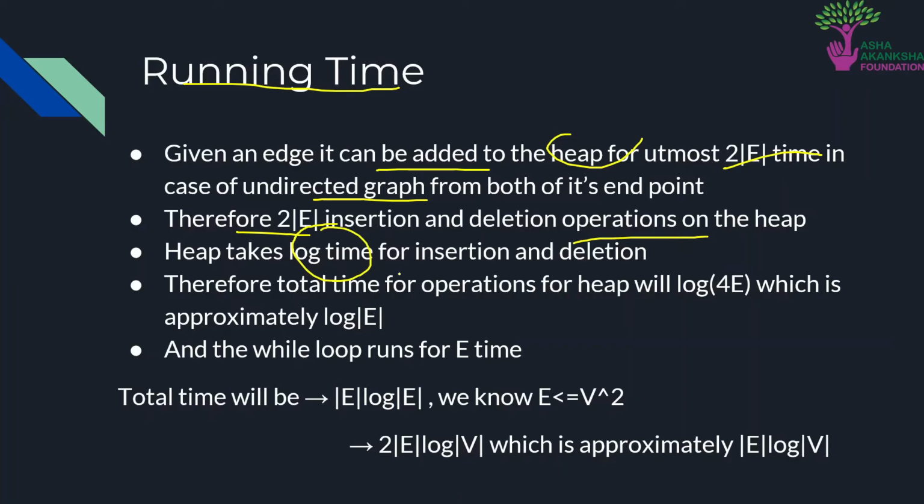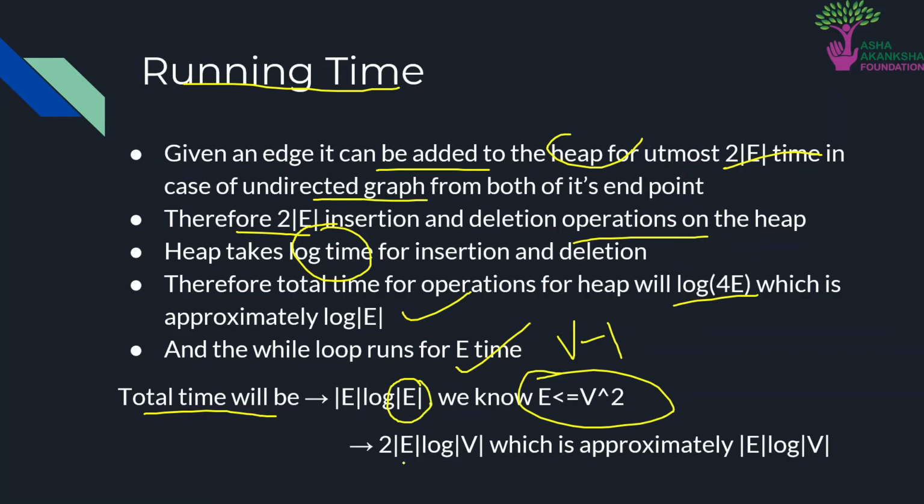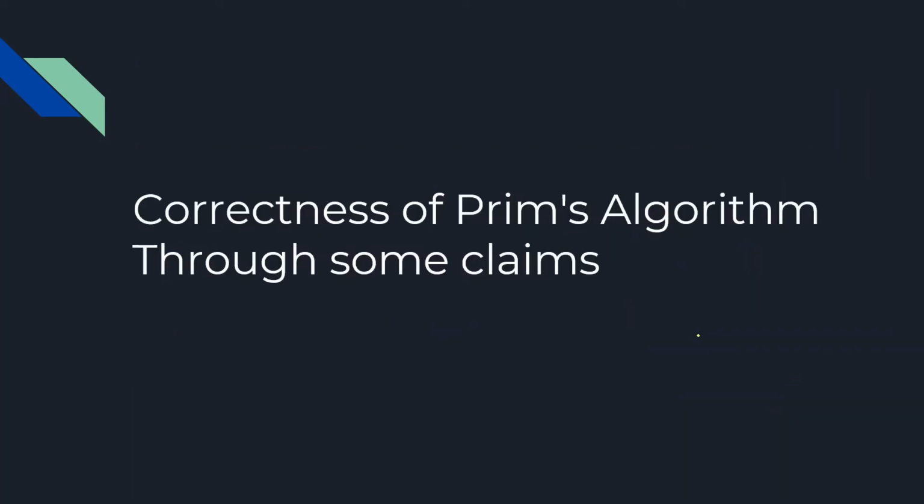Therefore the total time taken for the heap operations will be log 4e times, which can also be written as log e times, and the while loop runs for e times, which is v minus 1. So the total time will be e log e, and we know that e is less than or equal to v squared. Replacing e with v squared, we obtain 2e log v, which is approximately equal to e log v.